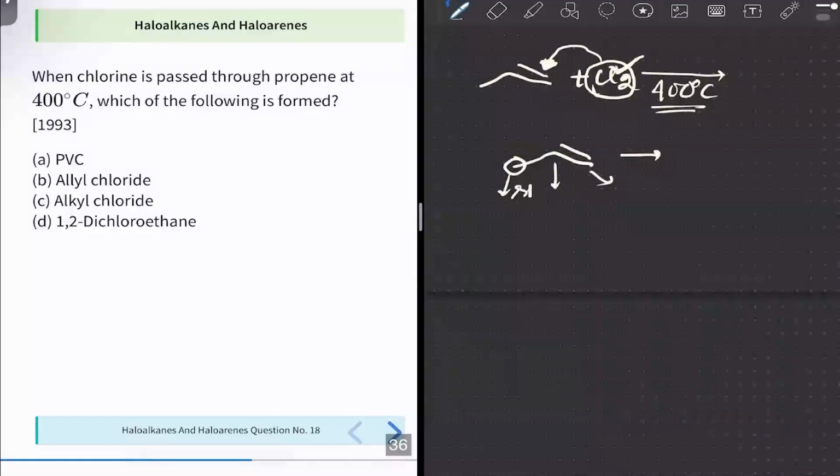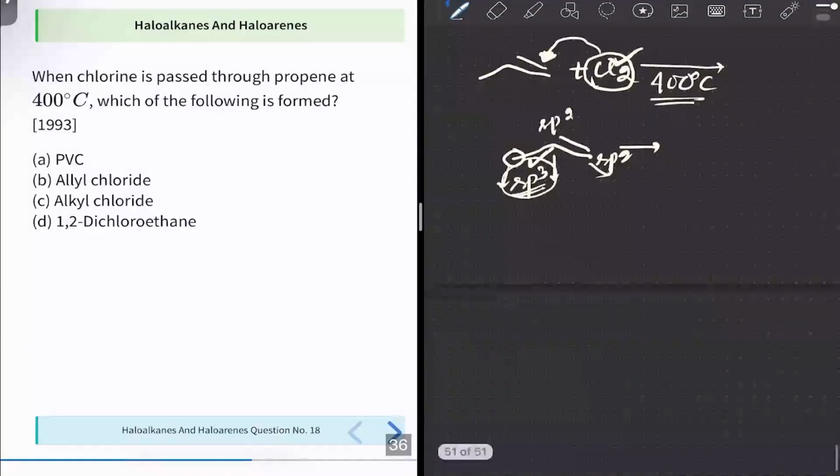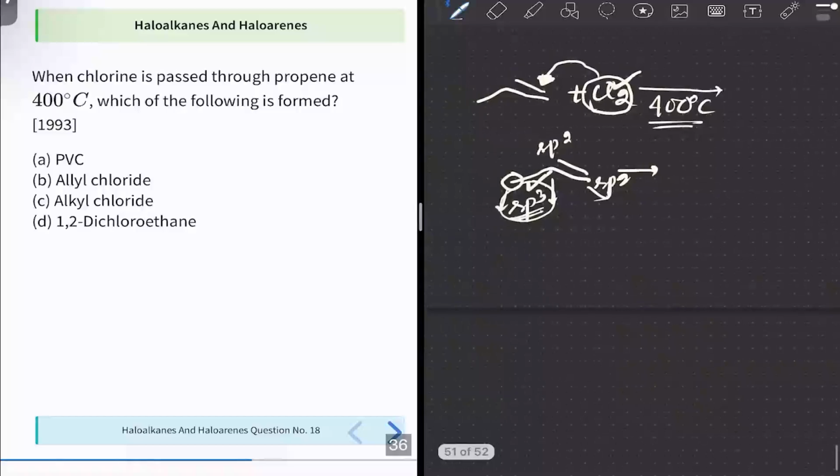It is the sp3 bonded carbon, and the others are sp2. Substitution will occur in the position where the weakest bond is present. For the weakest bond, sp3 is the safest position. sp3 has the weakest bond among the other hybridizations. So the position will be this carbon.